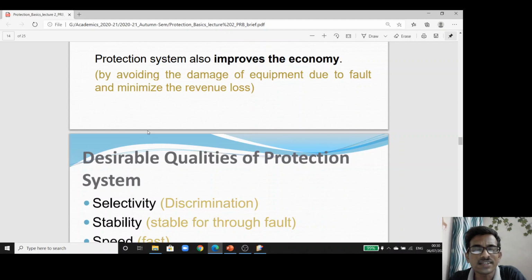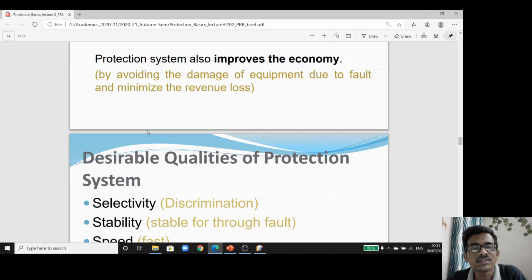But though it is sensed by the other protection, as that fault is out of its protection zone, the protection system of the second substation should not operate. It should remain stable. When and only when the fault is in our zone, then and only then should our protection system operate. That is what we call the stability of our protection system.